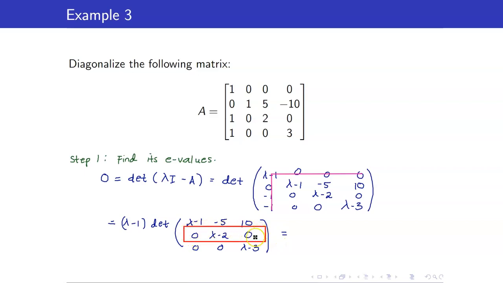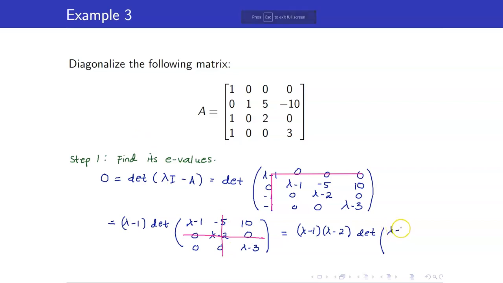Again, I have a row containing exactly one non-zero entry, so I will do the cofactor expansion along the second row. So that's lambda minus 1 times lambda minus 2 times the determinant of, delete this and this.